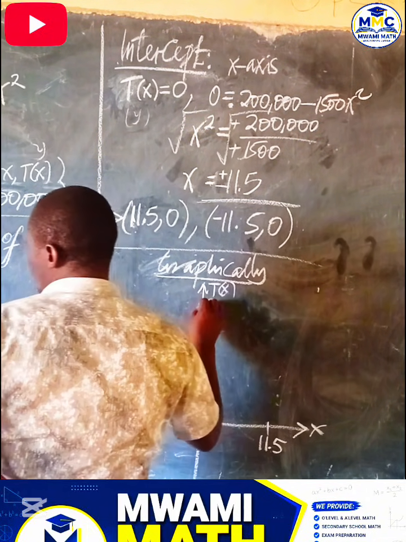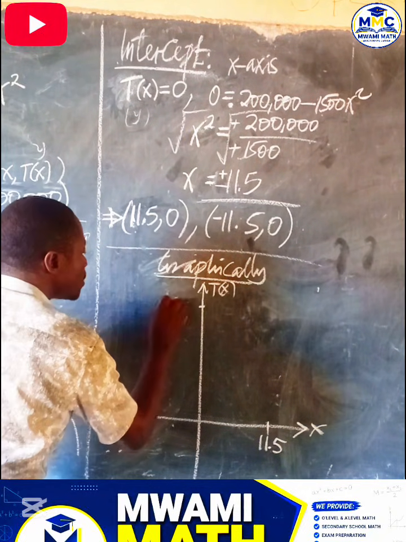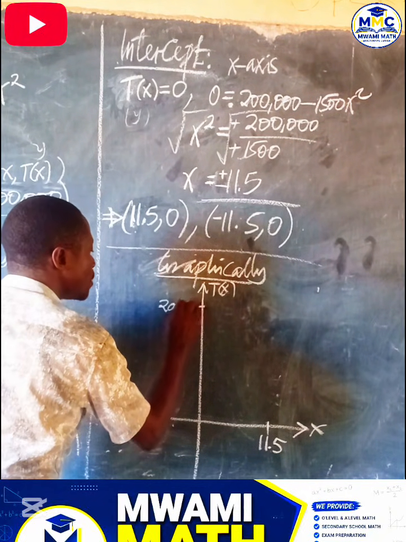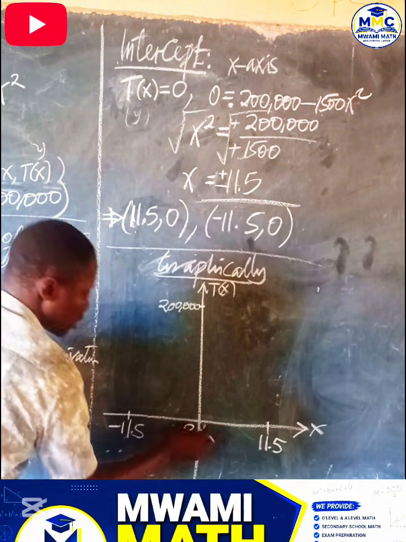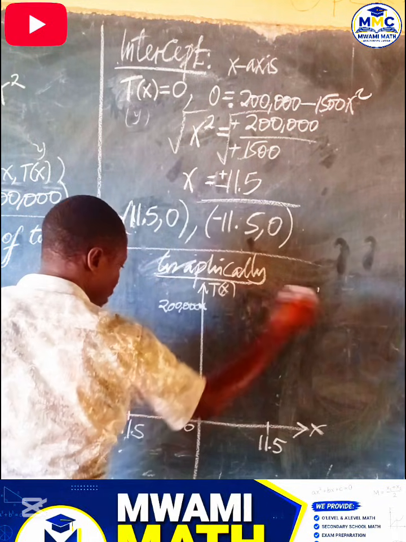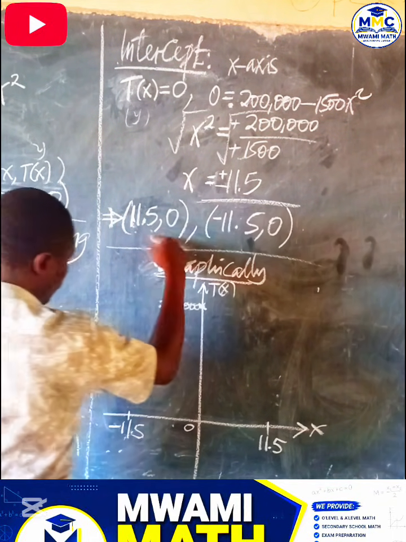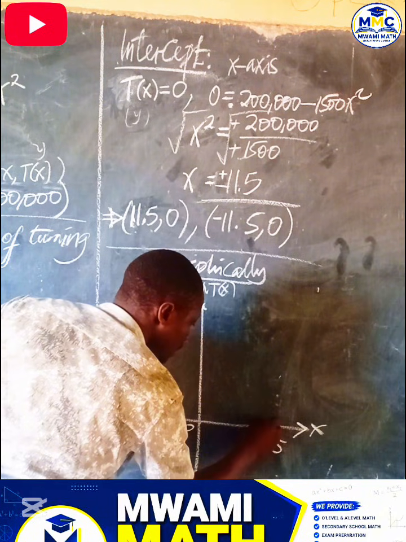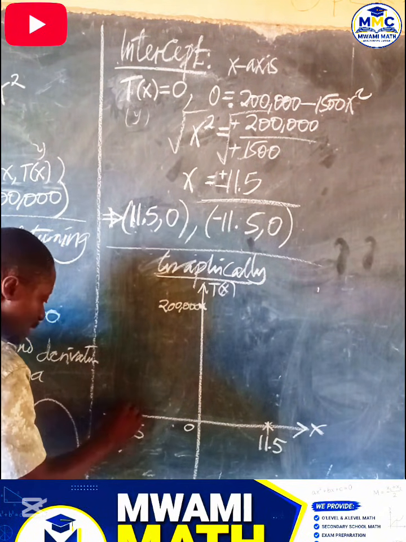Our turning point, remember, we got it at (0, 200,000). So this is 200,000. So this is point 0. So the coordinate (0, 200,000) is that. Then the point (11.5, 0) is that. The point (negative 11.5, 0) is that.